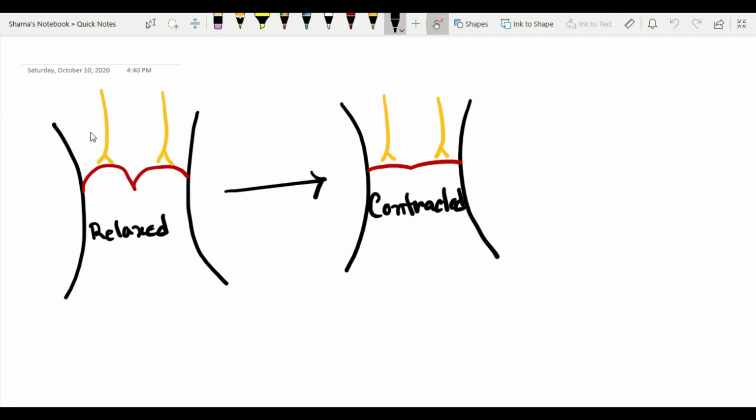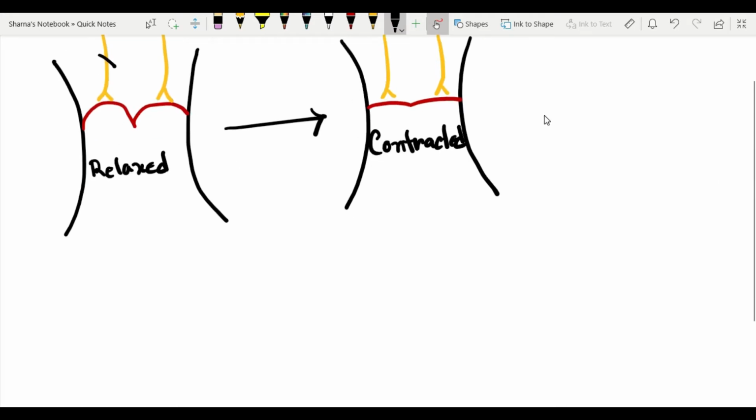And now if somehow one of these phrenic nerves gets injured, suppose this one, what will happen? This nerve will not be able to stimulate this portion of the diaphragm, and it will not be able to contract. So the situation will somewhat be like this. It will remain relaxed because it couldn't contract.